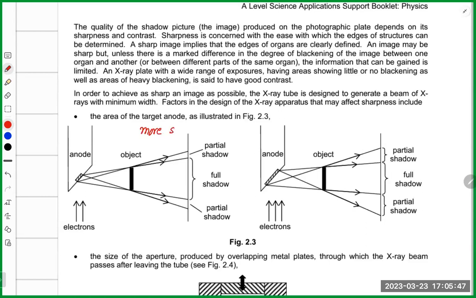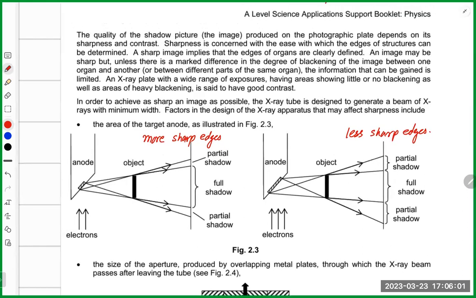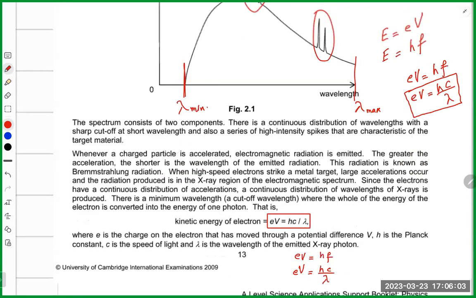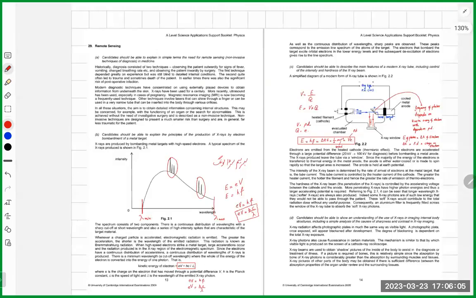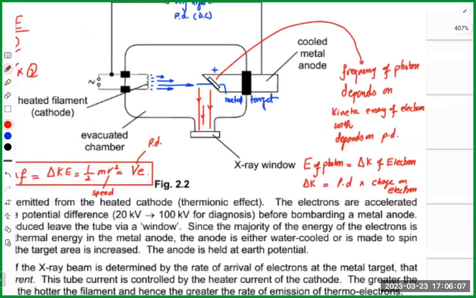This will be more sharp edges, less sharp edges. So what we do is, over here, look, this is the size of the window.